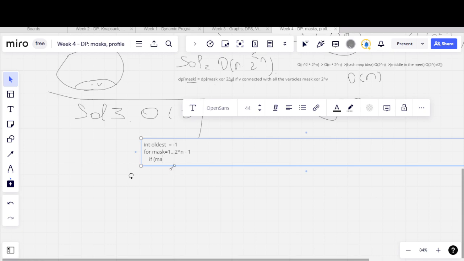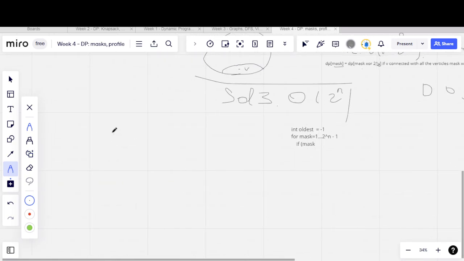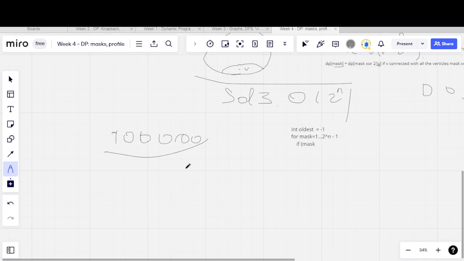We just consider some mask. Okay, we update, if we have some in the previous semester. Do you remember? We have this number and we want to take this bit.